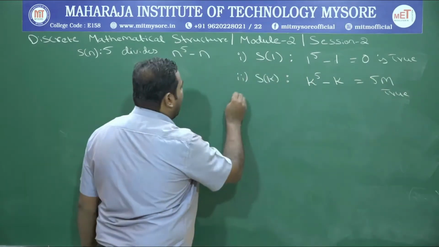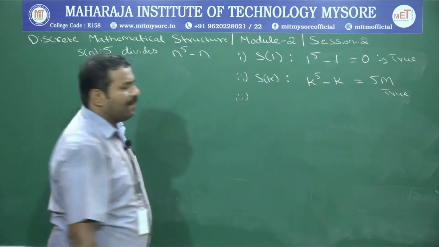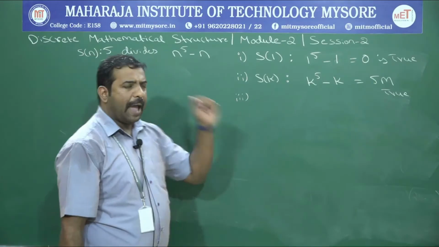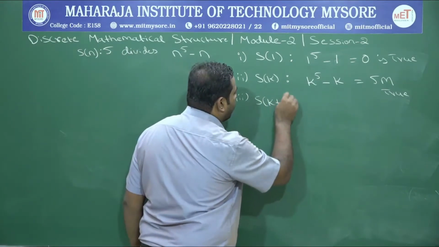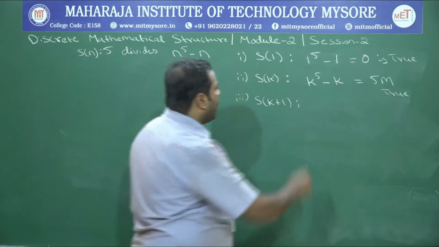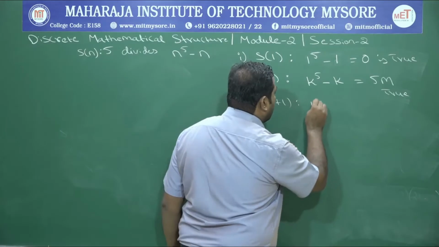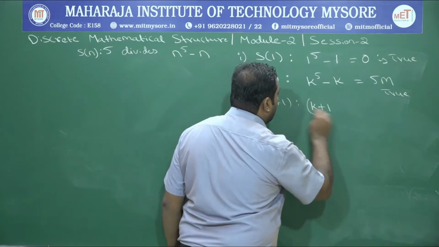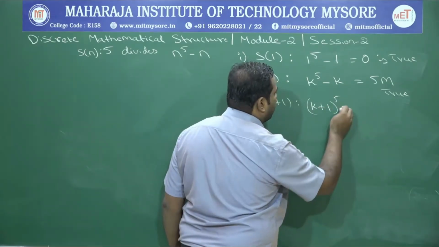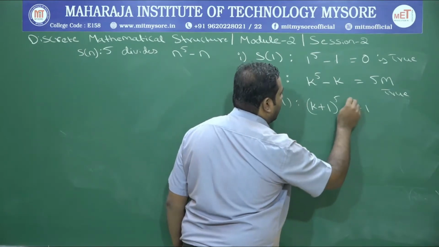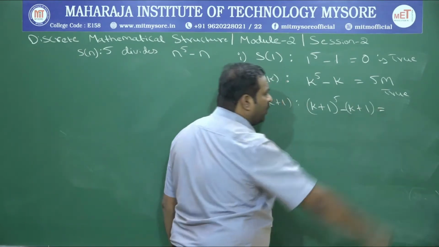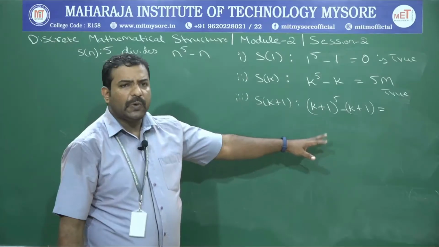we'll go to the next step, where I'm going to check S of k plus 1. So that is k plus 1 whole to the power of phi minus k plus 1 equals, now this should be equated to 5m.